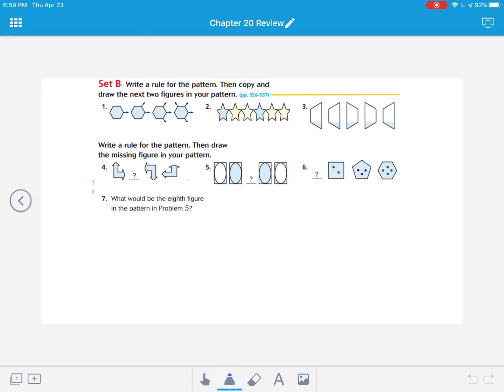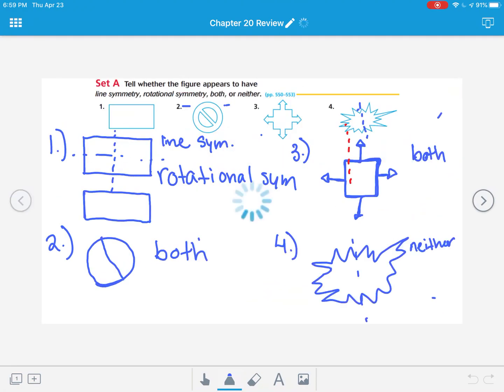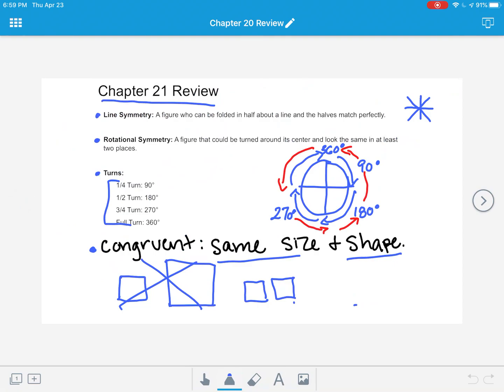But what you do need to know is there is one question about patterns, but it involves doing flips. So before you take that quiz, make sure that you're comfortable with what we talked about, the quarter turns, half turns, 3/4 turns, and the degree measurements. And if you don't have that written down, I would definitely come back through and write down this example that I drew with the circle and the turns. That would be the most helpful to you.